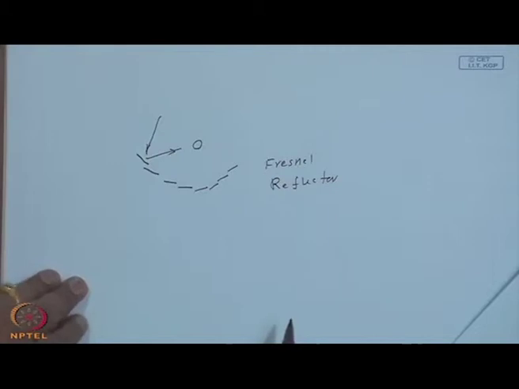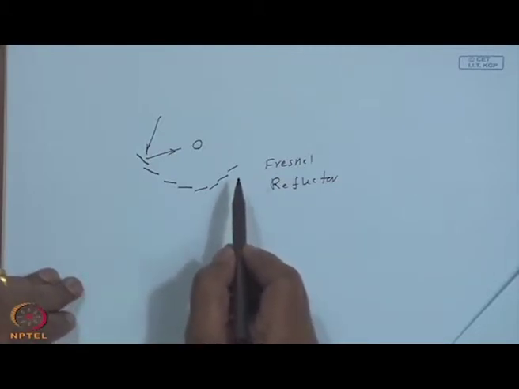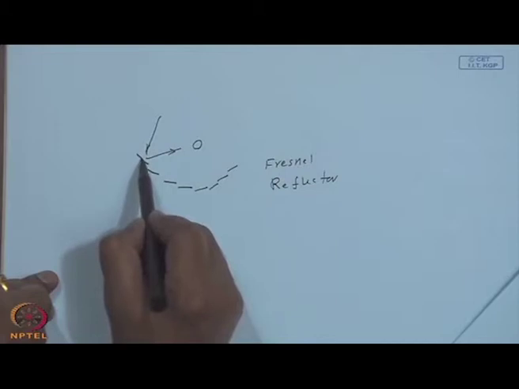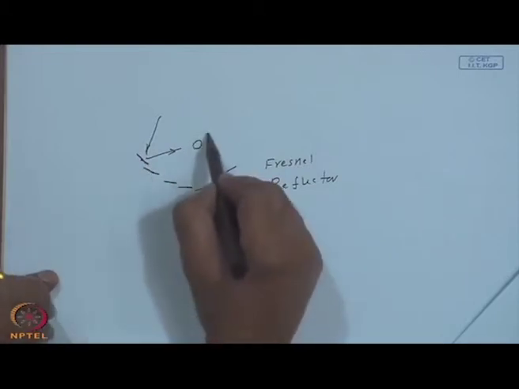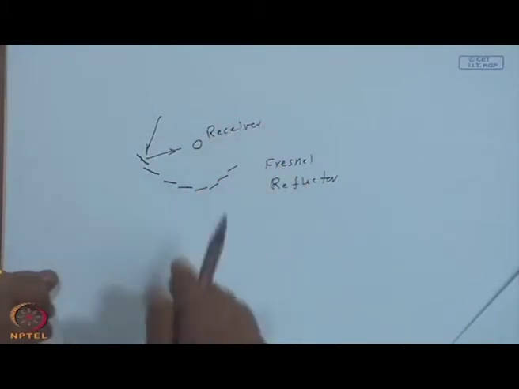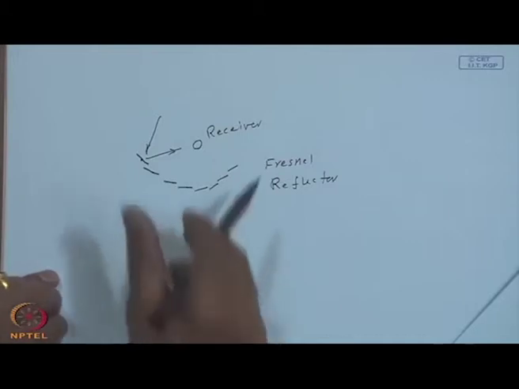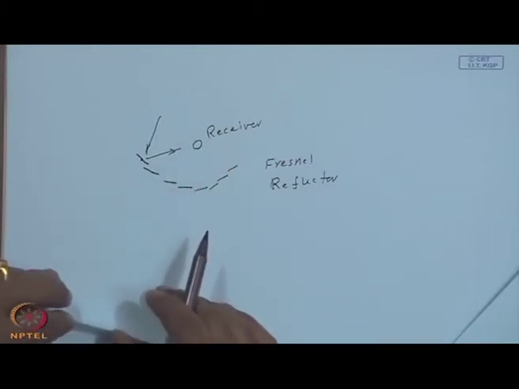Now, the advantage of this type of smaller reflectors, as we have shown in the case of heliostats or this Fresnel reflector, is that each one of them can be tilted depending upon the sun's position. So, this is the receiver, not to be confused with the sun. You need some sort of orientation or tracking of smaller pieces of reflectors rather than one large piece.